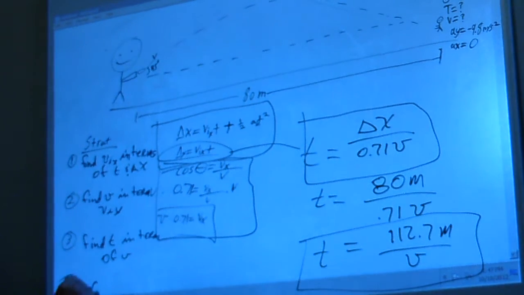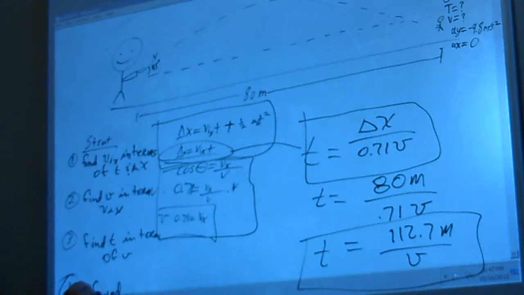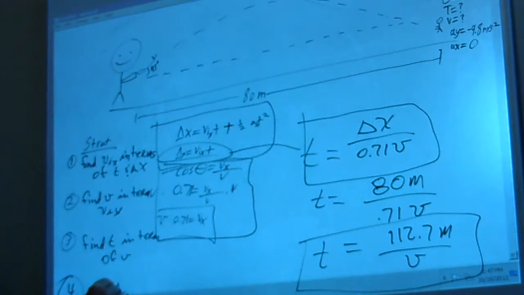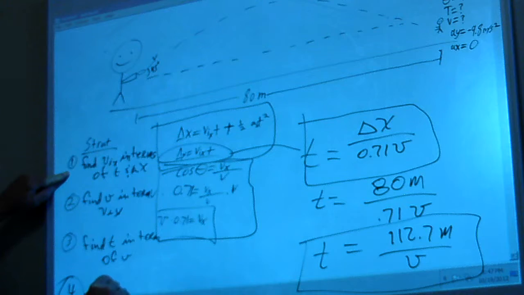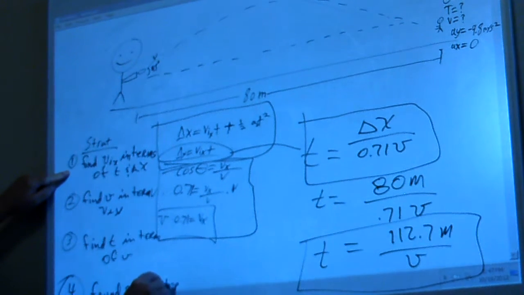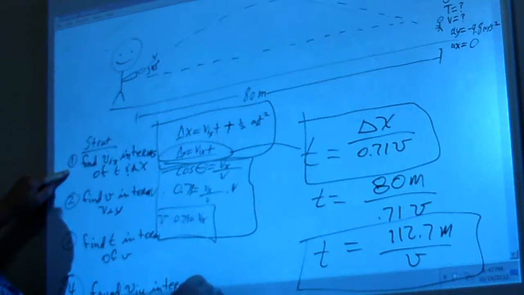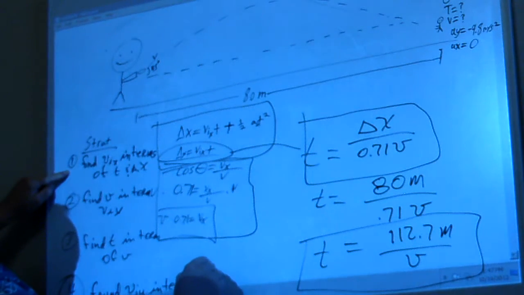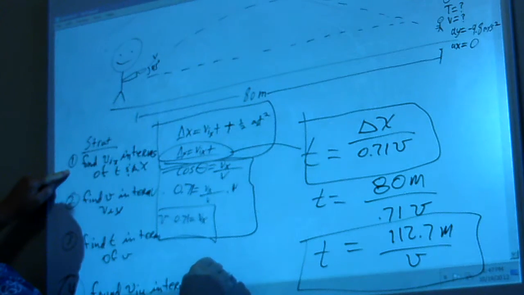So we found Viy in terms of V. And that was what? Sine theta equals Vy over V, right?